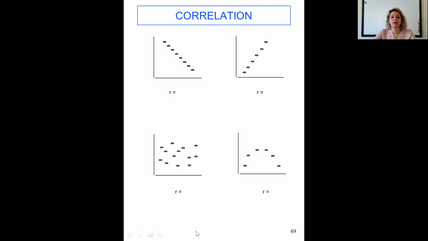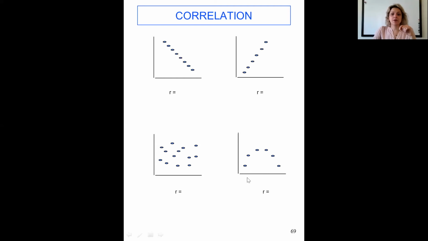We have two more examples as well. Here, for this one, there is no linear relation between them. So we would say they are uncorrelated, and the correlation factor is going to be 0. But be careful here: uncorrelated means there is no linear relation between them, but they can still be related to each other.